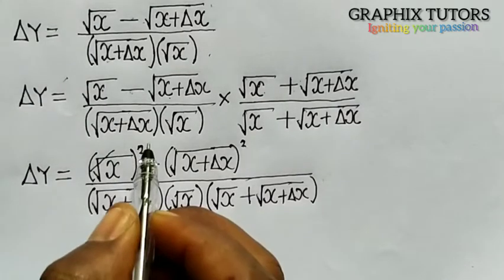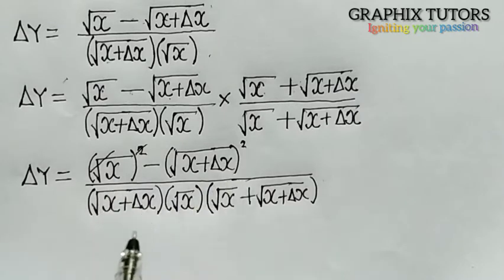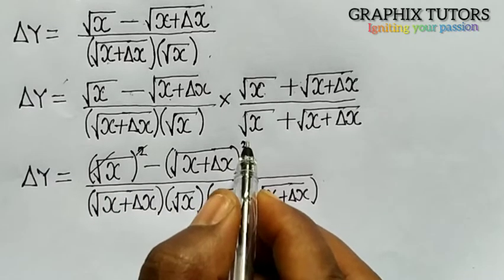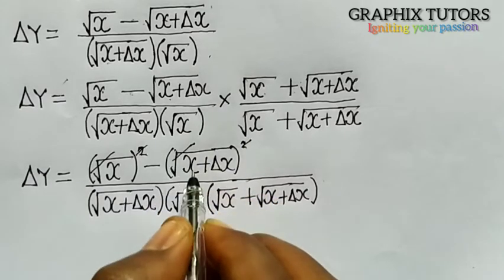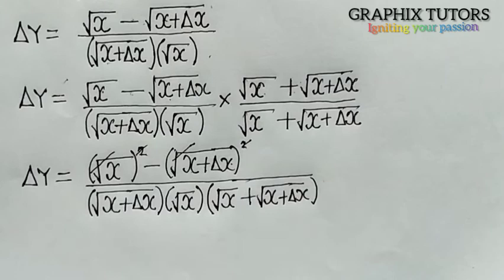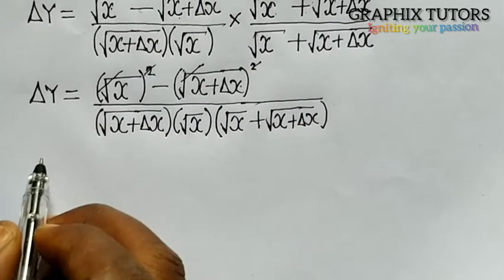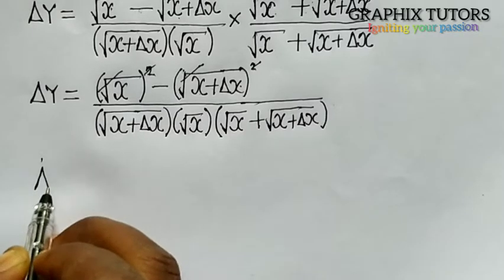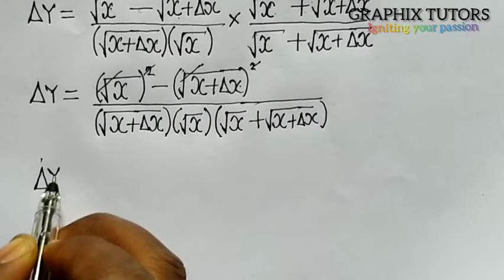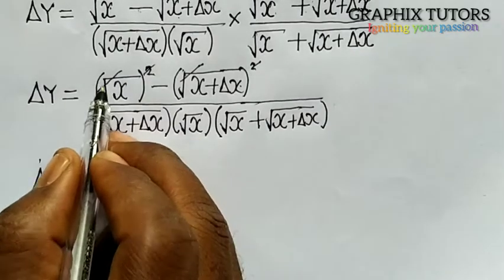Now this root will equate this square, and we are left with x, right? And this root will equate this square, and we will be left with x plus delta x. So if I rewrite this again, I'm going to have delta y equals this equate this. How?